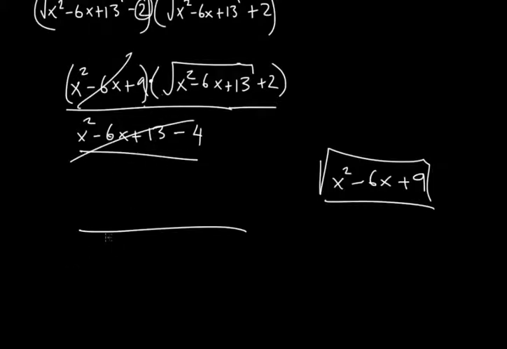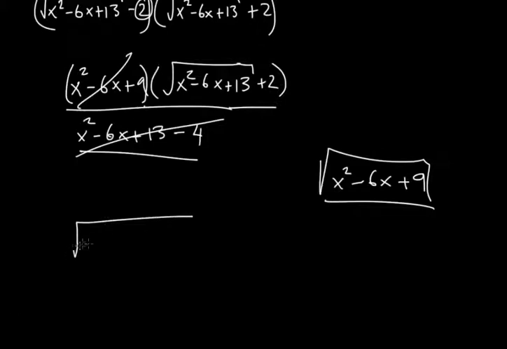So that disappears, and I'm left without a fraction, which is kind of what I really wanted. I'm left with no fraction now, and I'm just left with the square root of x squared minus 6x plus 13, plus 2. This is all I have so far.